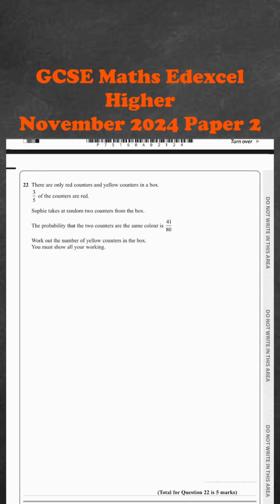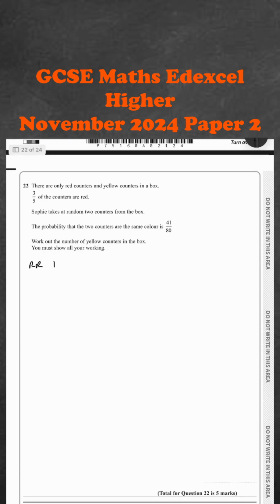So, for them to be the same colour, it must be red, red plus yellow, yellow. The probability of red, red is not quite as simple as 3/5 times 3/5.